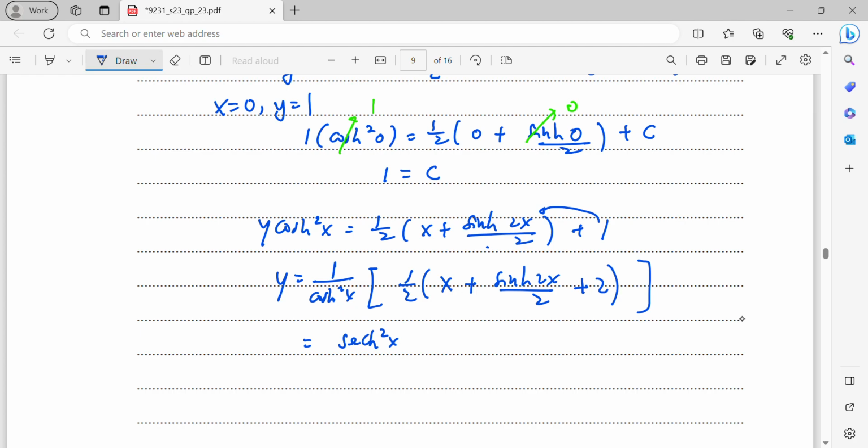Then here I will take out the half and combine these two together. So I will get half sech squared x multiplied with x plus sinh 2x over 2, then plus 2. Okay, so that's the solution of this question.